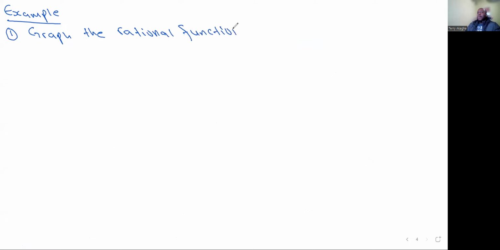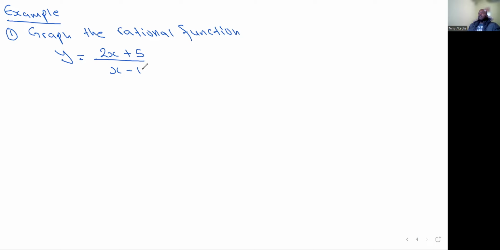Let's pick an example to explain this. Let's assume we are told to graph the rational function y is equal to 2x plus 5 divided by x minus 1.